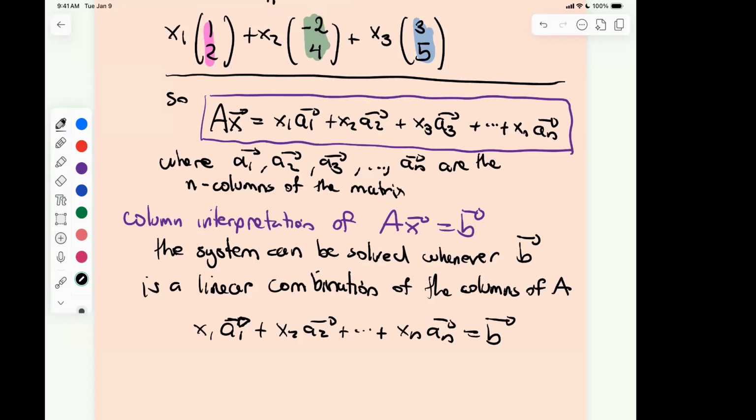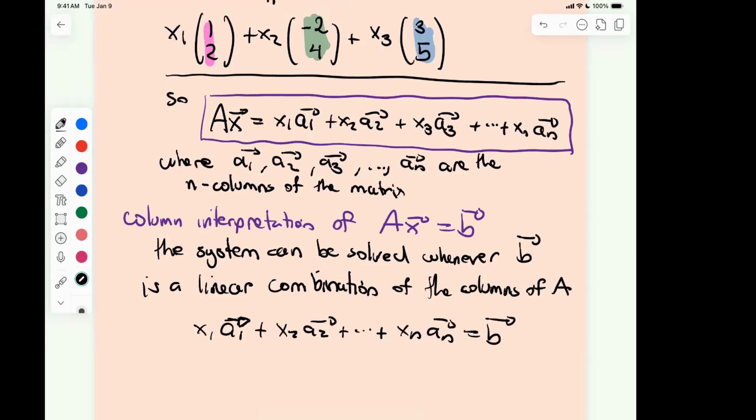Okay. Now that we have talked about this, there was this thing in linear algebra called the column space, which is the vector space generated by the columns of the matrix.